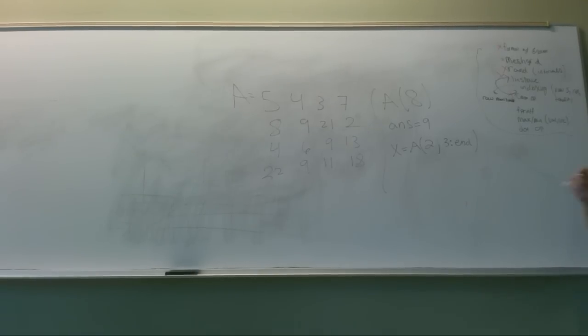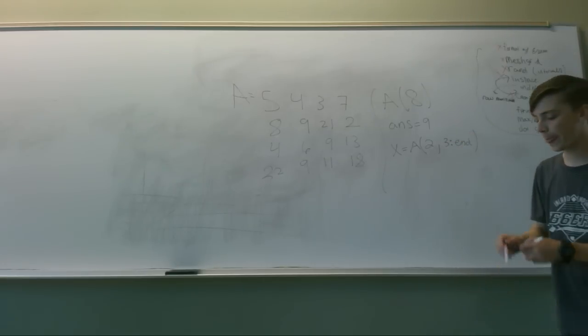Yeah, there we go. This gives you a matrix of rows, essentially, or a matrix of columns, right? So this only calls out my second row because I only call row 2. This calls columns 3 to N. So columns 3 and 4 in our case, right?